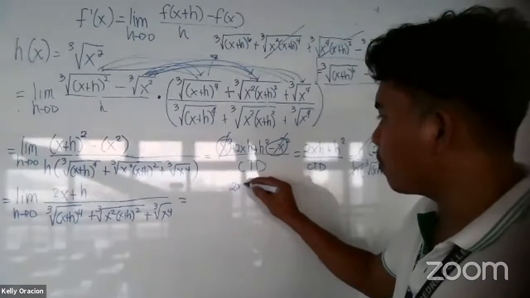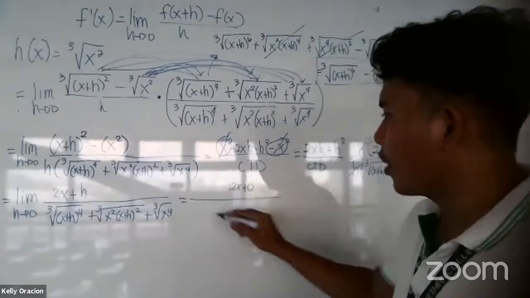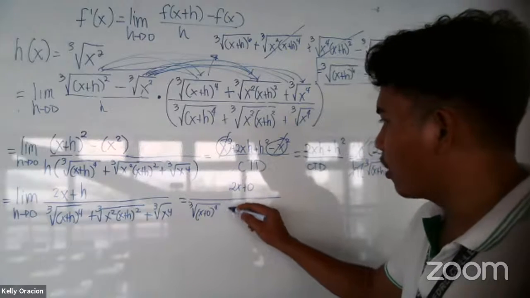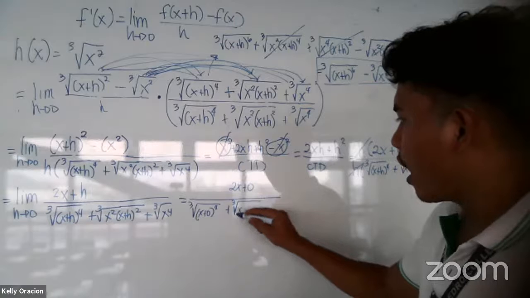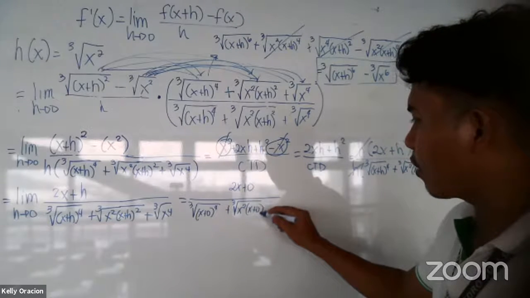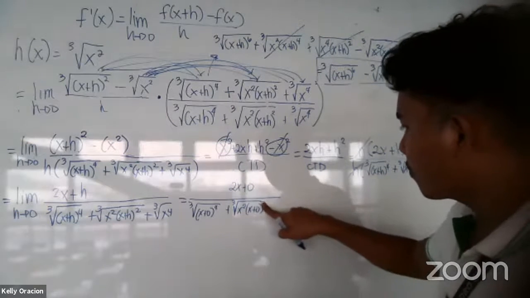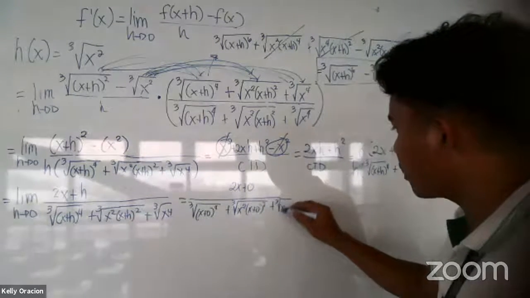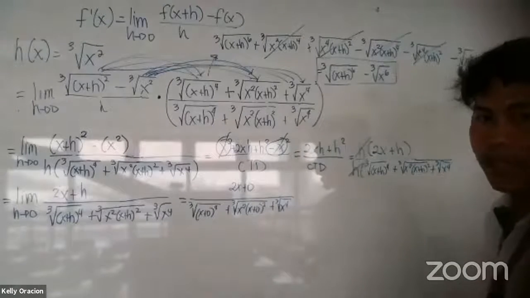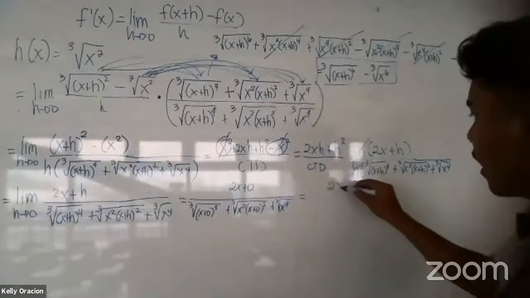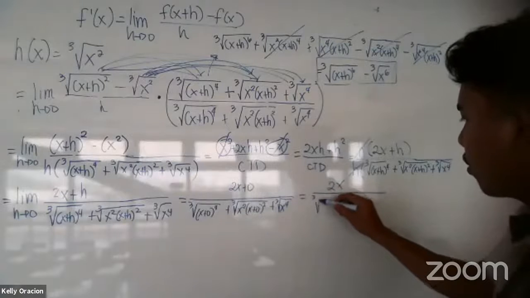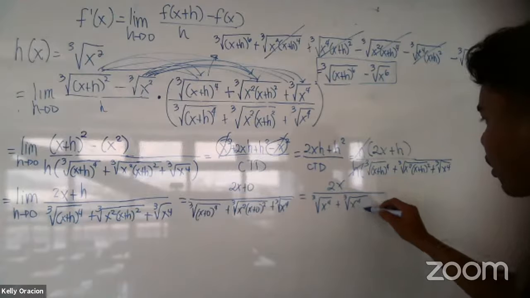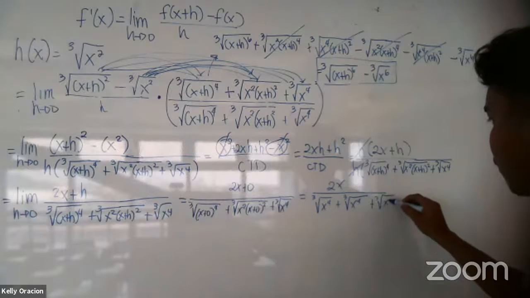So 2x plus 0 over cube root of x plus 0 raised to 4 plus cube root of x squared times x plus 0 squared plus cube root of x raised to 4. And that gives 2x over cube root of x raised to 4 plus cube root of x raised to 4 plus cube root of x raised to 4.